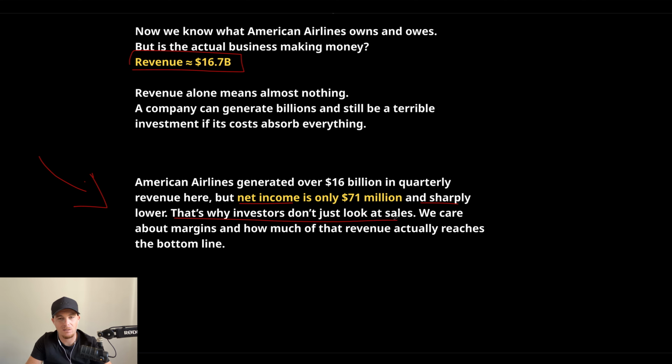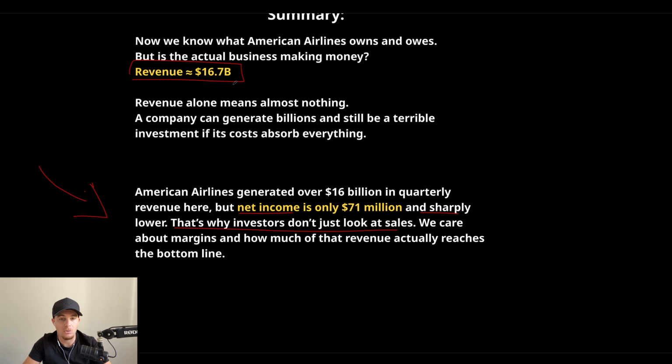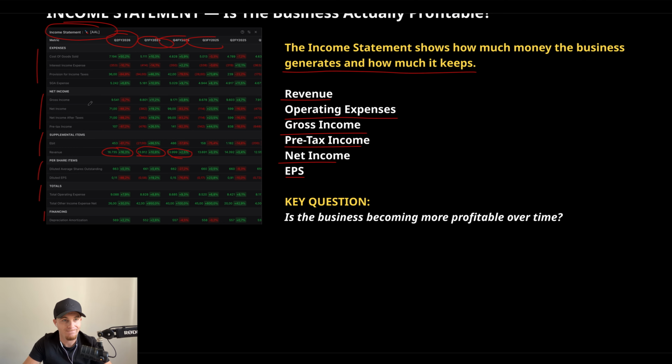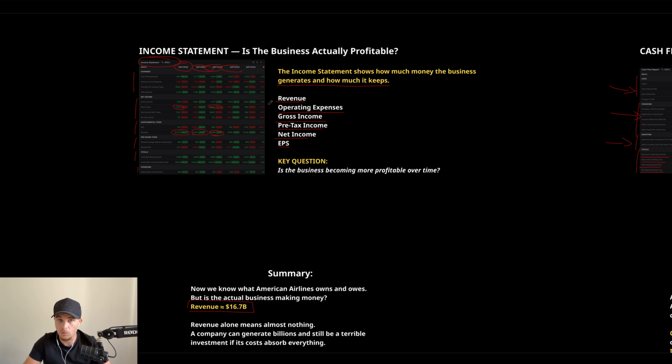We care about margin and how much of that revenue actually reached the bottom line. The revenue is pretty nice, but the net income is not crazy. As you can see, 71. For example, for the Q4, if we make a quick comparison, it was 99. Not crazy. So it decreased.